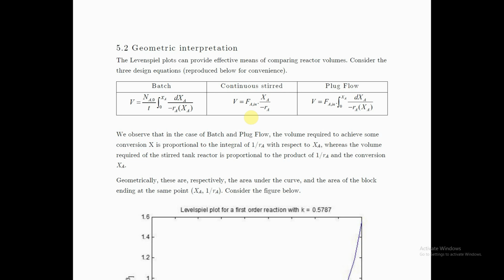In the real world, we can't accomplish infinitely fast mixing without infinite amounts of energy, but still we can approximate its behavior. It's fairly easy for us to construct a CSTR. We create a pot, we put in good mixing, and we get close to CSTR-like behavior. So it's easy to do this in the real world.